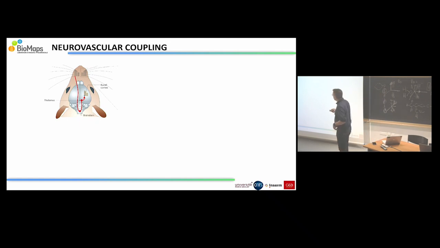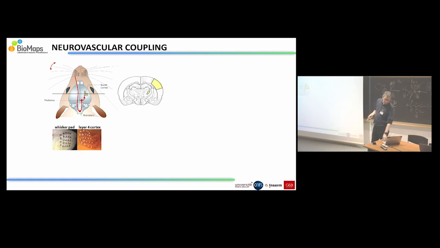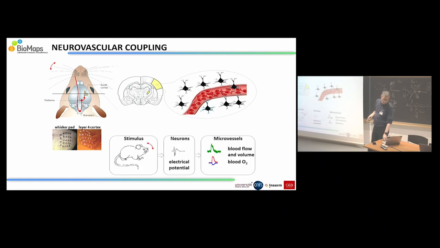So the classical model is to use the whiskers, and when you vibrate the whiskers, it will be a part of neurons that are very well known that will be activated due to the vibration. So what we will do is we will place the probe at the top of the brain, just on the neurons that you want to see.